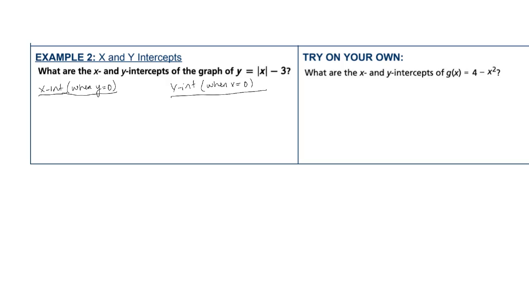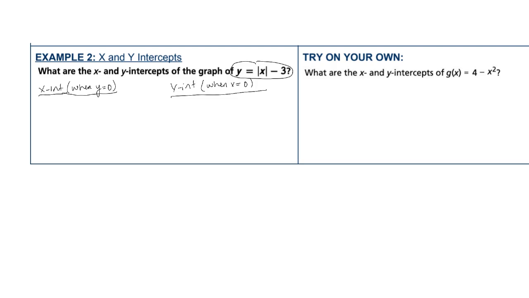All right, so again, you should have done this before, but just to remind us. To find the x-intercept when y equals 0, we're going to take this function and substitute in 0 for y, and we're going to solve for x.